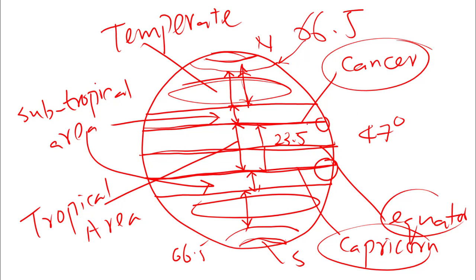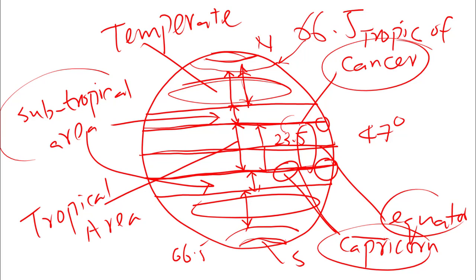So these 47 degrees are the tropical area, and then 12.5 degrees towards north and 12.5 degrees towards south, we have subtropical. These lines which mark the boundary of the tropical areas are known as Tropic of Cancer and Tropic of Capricorn. This is on the south, Tropic of Capricorn, and this is Tropic of Cancer. And then 12.5 degrees subtropical, and this makes about 35 degrees from equator.